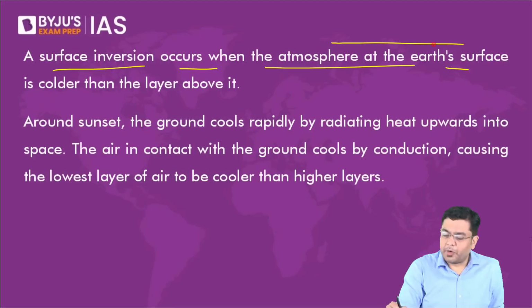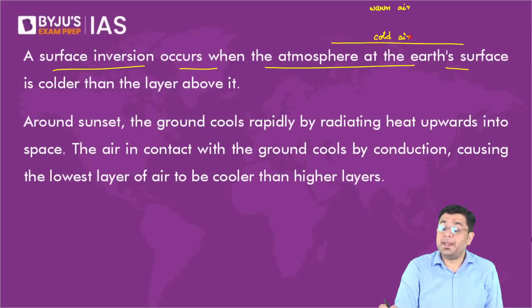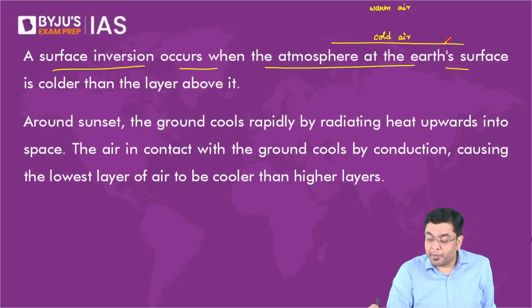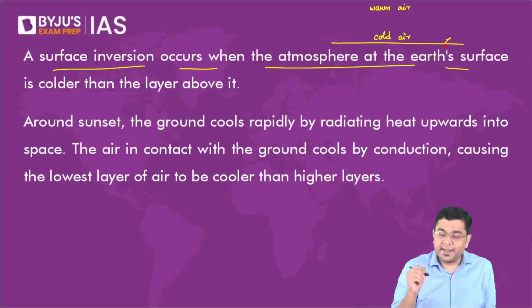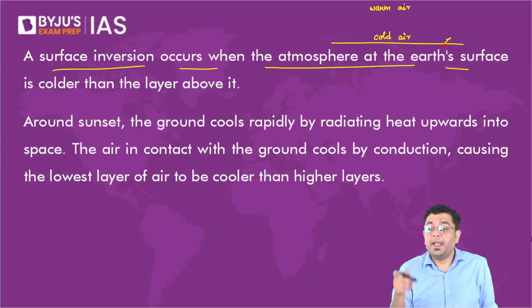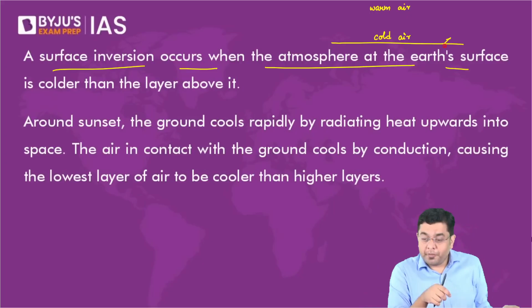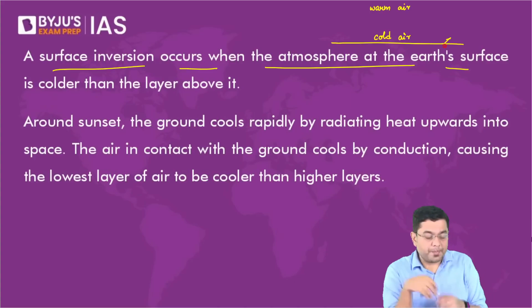This means if this is the ground surface, here somehow you will have warm air, and there is a condition due to which here you have cold air. And this is created due to the mechanism of the surface. Hence the name surface inversion. And again, it is a type of temperature inversion.